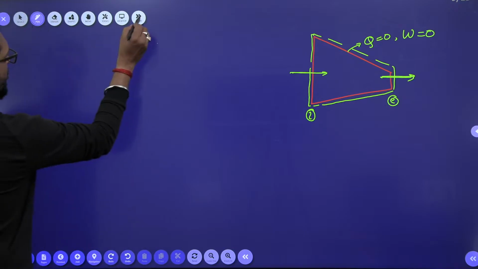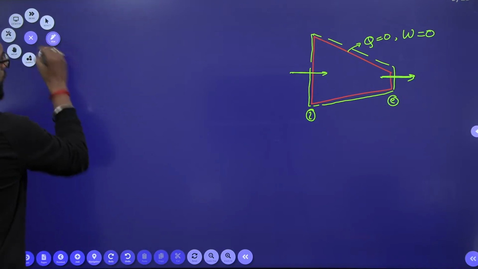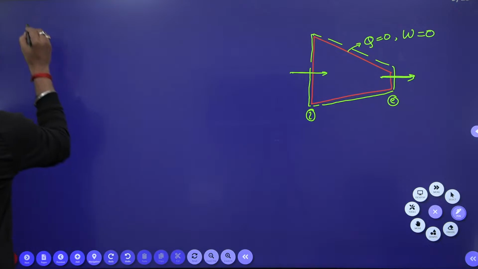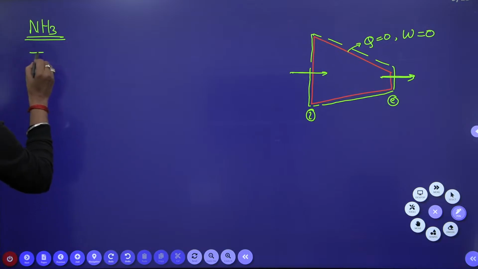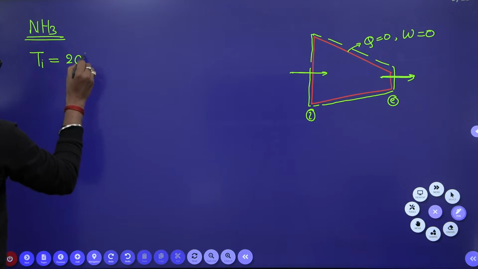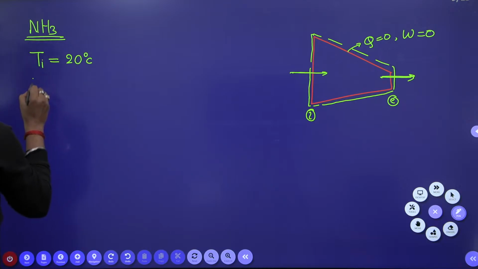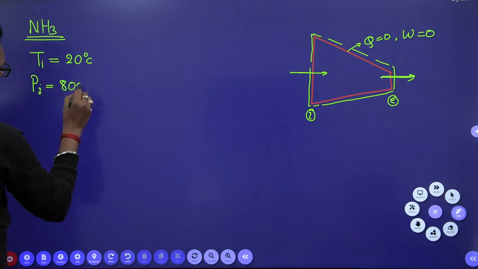Ammonia, NH3. The fluid is ammonia. And what is given? The temperature at inlet is 20 degrees centigrade, and the pressure at inlet is 800 kilopascal.